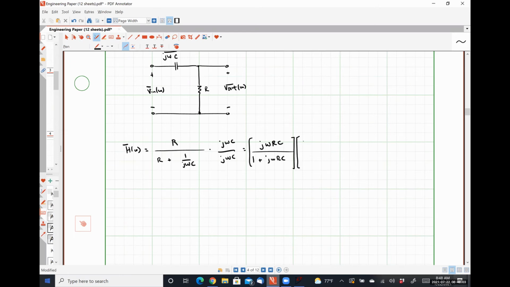And if we multiply this guy by 1 minus j omega RC over 1 minus j omega RC, we'll then break it down into its constituent real and imaginary parts from which we can find our magnitude response and our phase response.